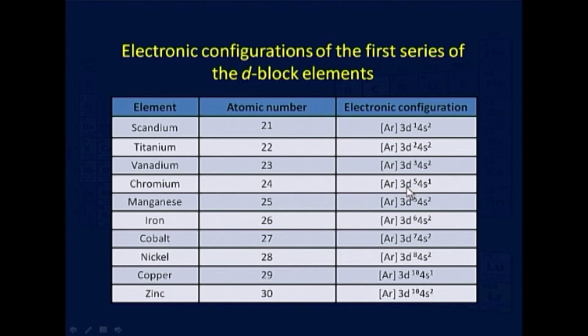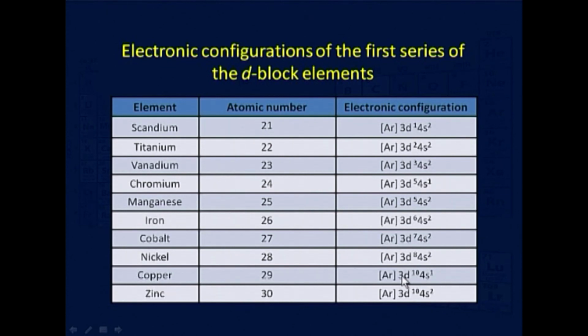But stop, there is an anomaly. The anomaly is at chromium and at copper. If you look at the electronic configuration of these elements, you will find that chromium should have 3d4 4s2. Instead, it has 3d5 4s1, and copper should have 3d9 4s2.